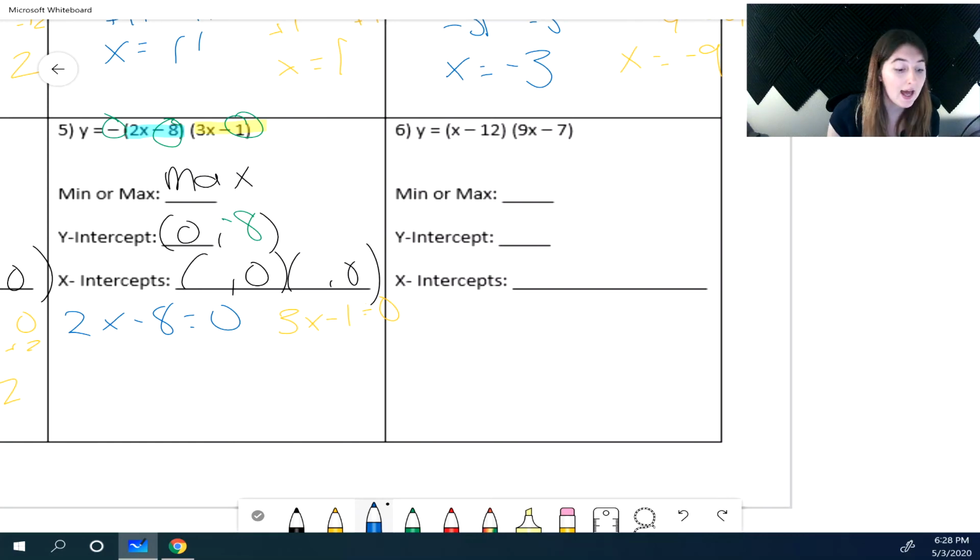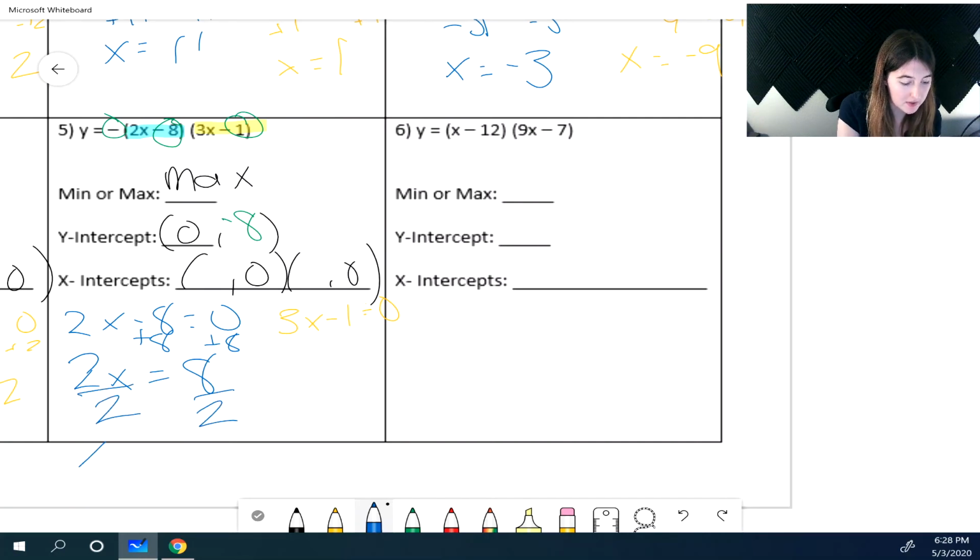Add 8 to both sides. 2x equals 8. Now what? We want to get rid of that multiplication, so we divide both sides by 2 and get x equals 4. So one of our x-intercepts is (4, 0).